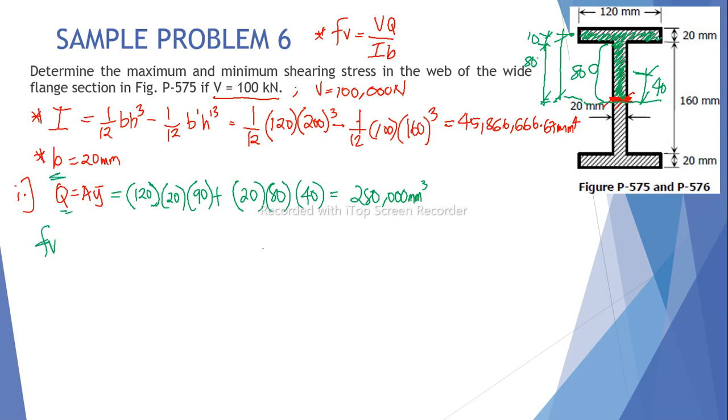Next, we already have V, I, B, and Q. So we can solve for the maximum shearing stress, which is equal to VQ over Ib.